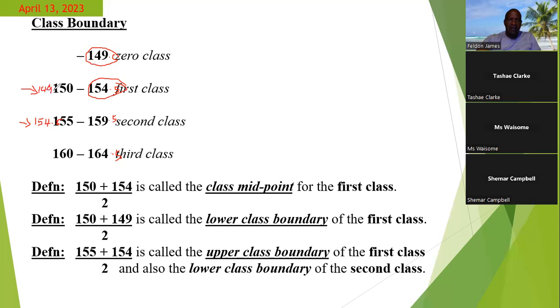So when we are finding the class width, we're really taking away the lower boundary for that class from the upper boundary of that class. Is it clear now, guys? What's happening? Ms. Waysam, are you clear? Yes, sir. All right.